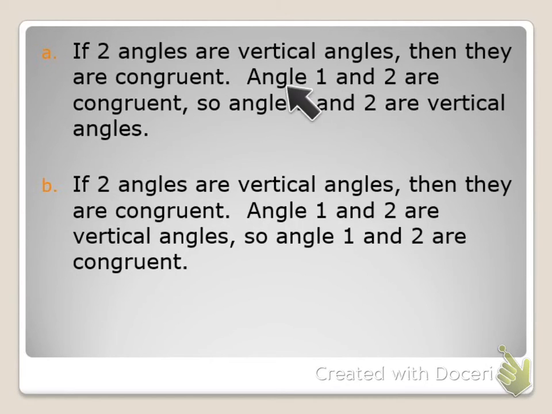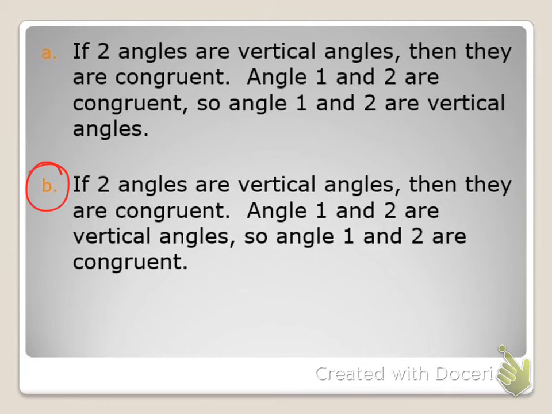So are all angles that are congruent vertical? So that's what this one's saying, that if they're congruent, they must be vertical. Is that always the case? No, we can have congruent angles that are not vertical. So in this case, B is the one that would hold up. So we have to choose one and then explain it.